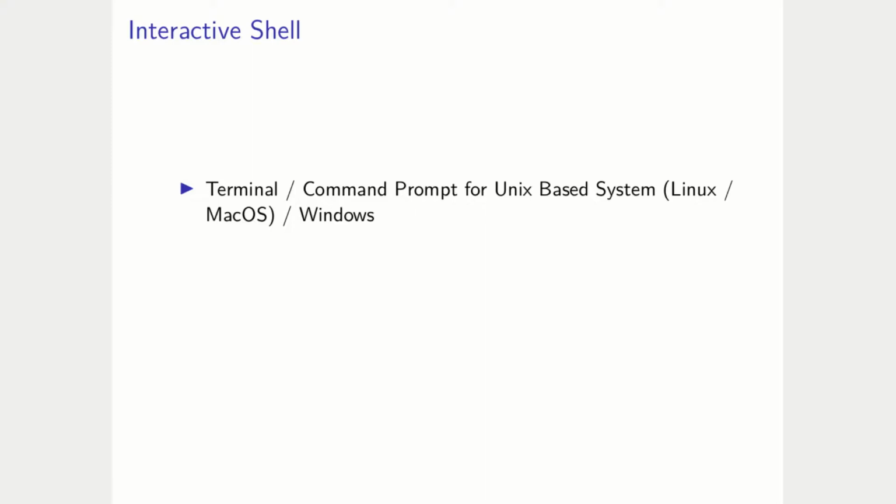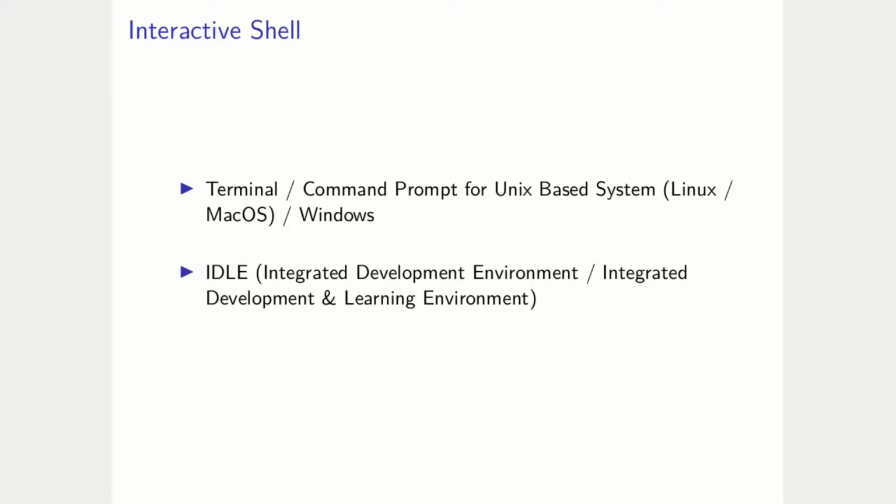There is one more way, generally for Windows people. When you are installing Python on a Windows machine, you have to install it separately, because Python doesn't come by default like it does with Linux and Unix based machines, I mean Linux and Mac OS.